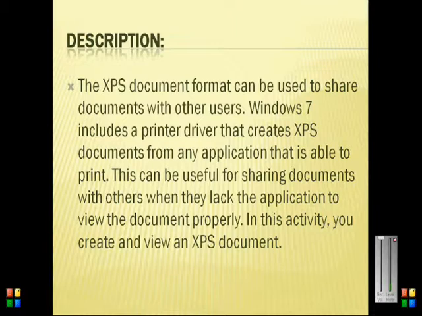Windows 7 includes a printer driver that creates XPS documents from any application that is able to print. This can be useful for sharing documents with others when they lack the application to view the document properly. In this activity, you create and view an XPS document.